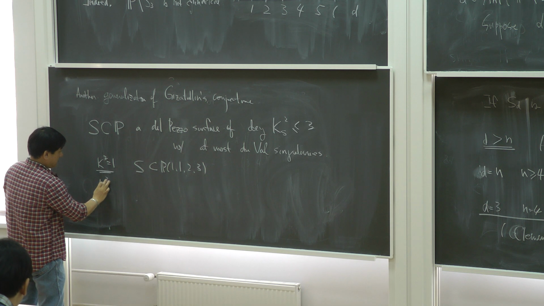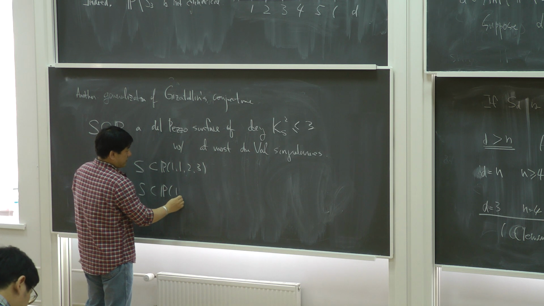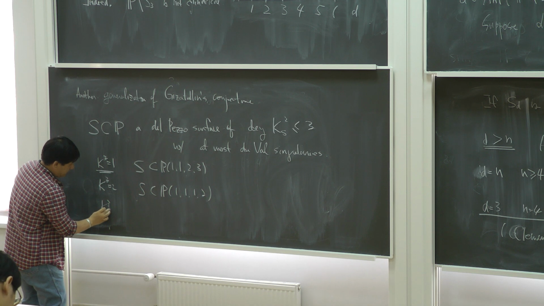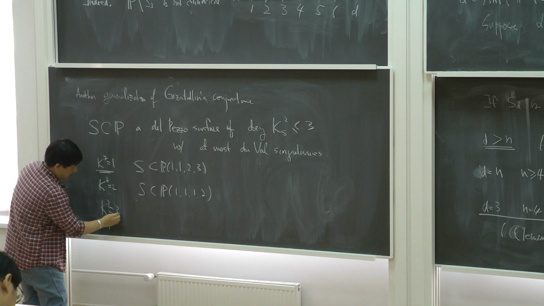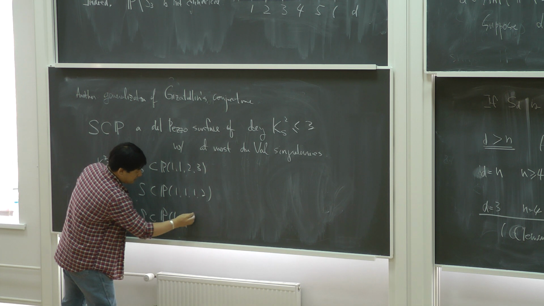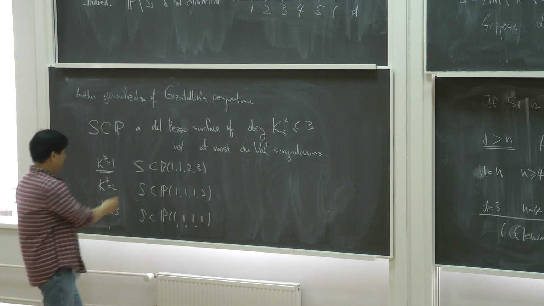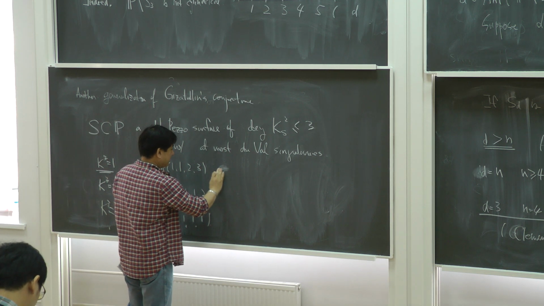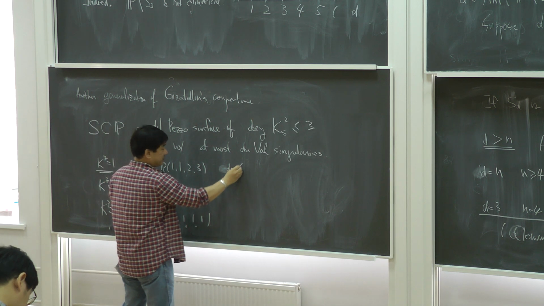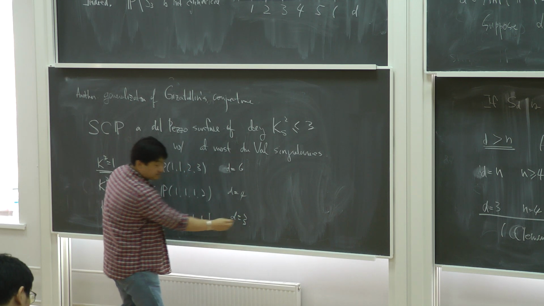In the degree 2 case, S is in P(1,1,1,2), and if S is smooth, in the degree 3 case this is the Zariski-Tuller case, P3. This is a hypersurface of degree 6, this is a hypersurface of degree 4, and this is degree 3.